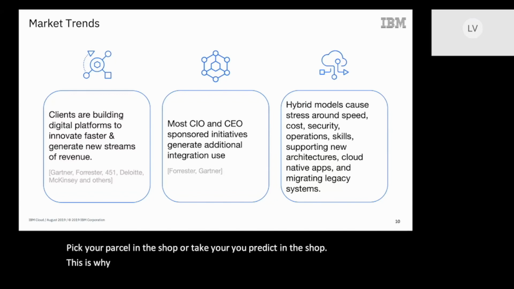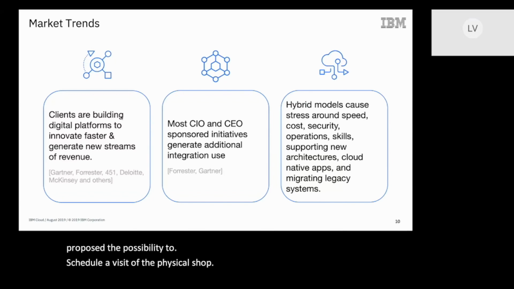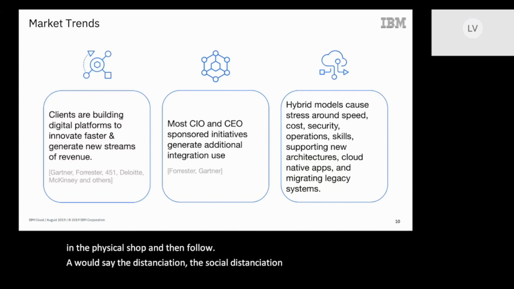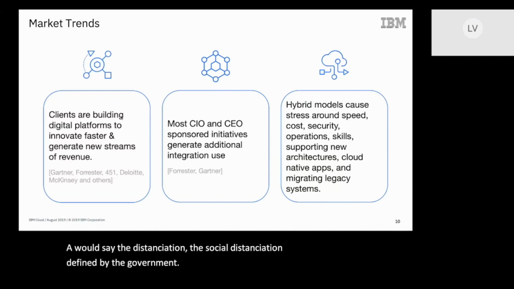And some retailers propose the possibility to schedule a visit of the physical shop. Like this, there is the possibility to limit the number of clients in the physical shop, and then follow the social distancing defined by the government. And they did it in weeks and not in months.